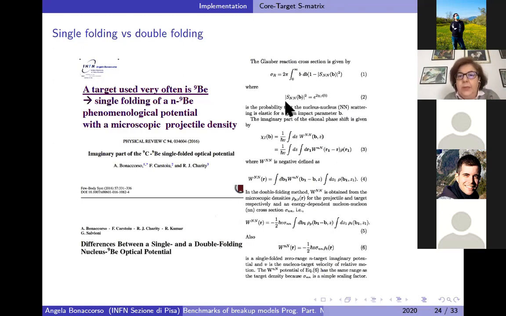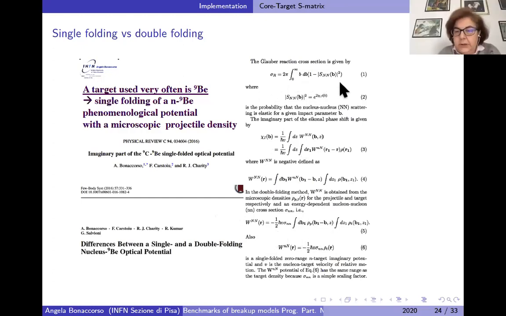So once one gets this new nucleus-nucleus S matrix, the easiest thing to do to check how good this model is, is to calculate a reaction cross-section. So this is just a benchmark for this part of the calculation. By the way, in the previous calculations, both Gade and Dey have used this kind of optical potential to calculate the core-target S matrix.